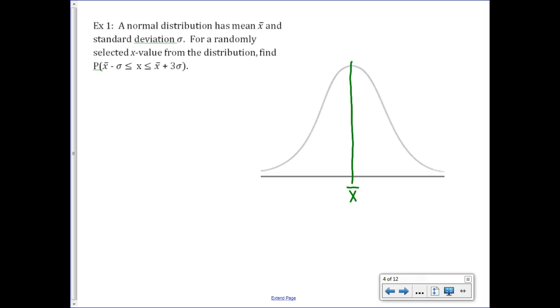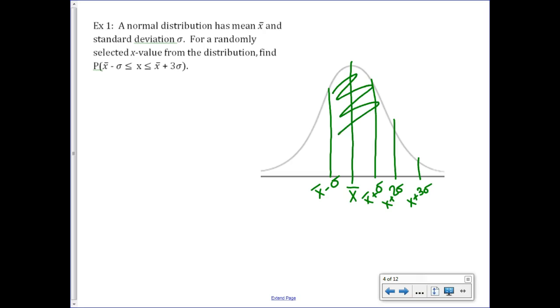And then I need to go 1 standard deviation less, and then I need to go 3 standard deviations more. So it's all of this area, and I need to know what is covered in that area.